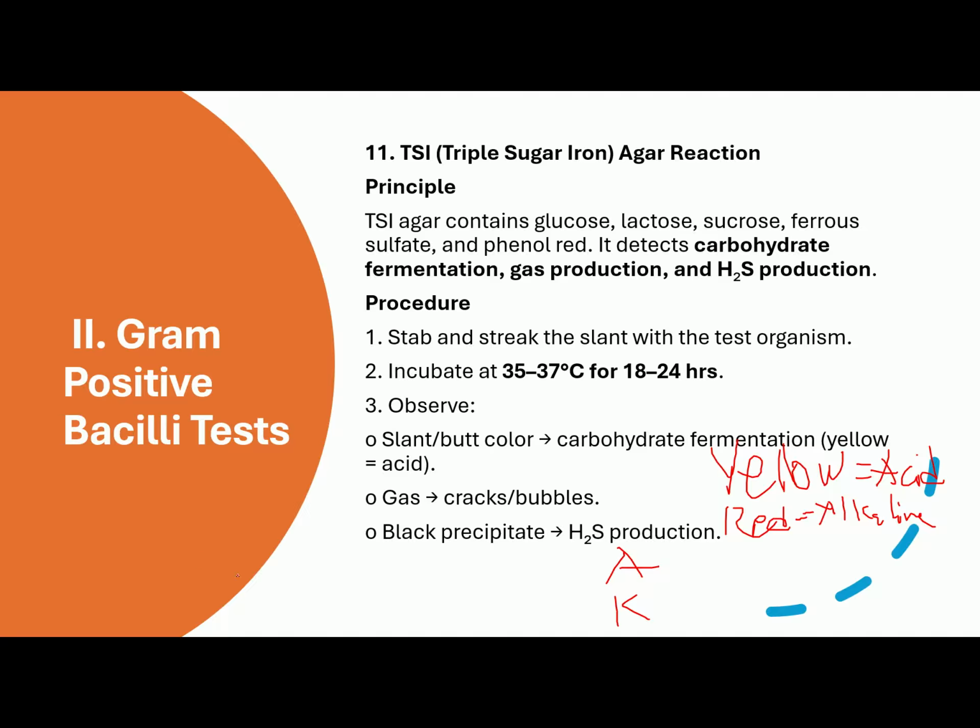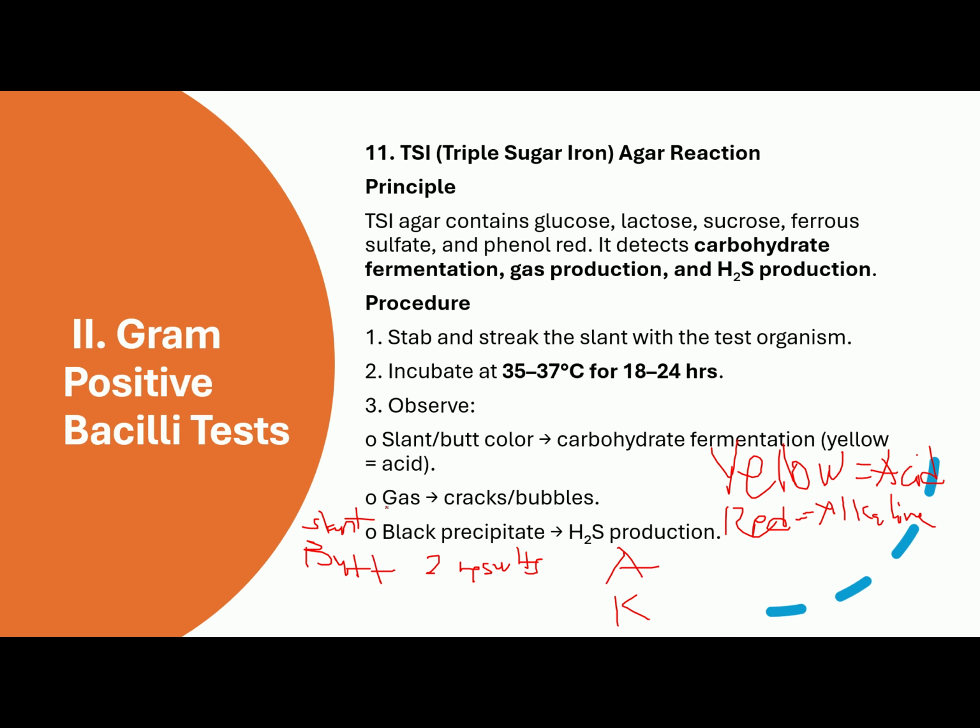Now, this media, class, is considered a butt and a slant, wherein you would stab and you would streak, meaning you would be showing two results. One result, class, would be the slant, and one result for the butt.